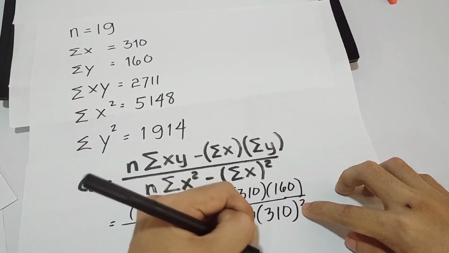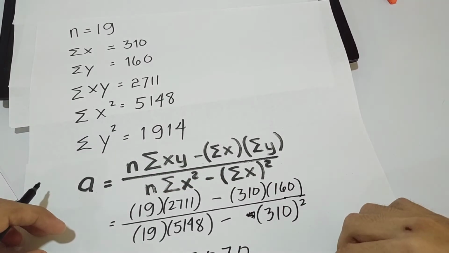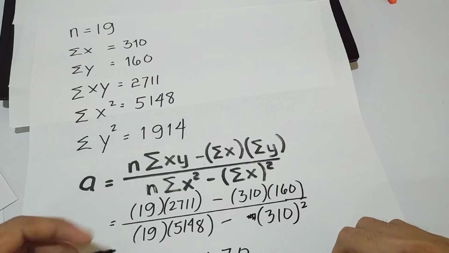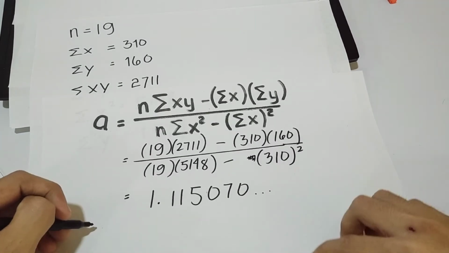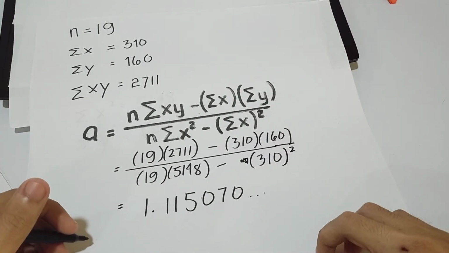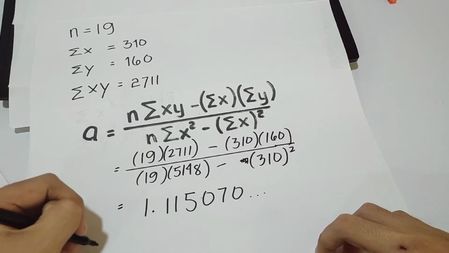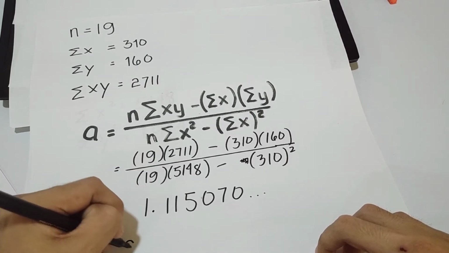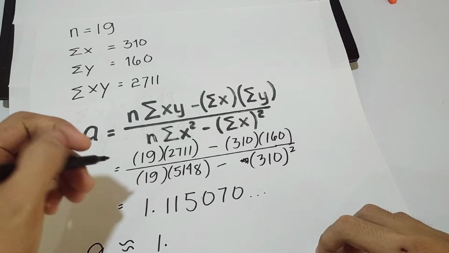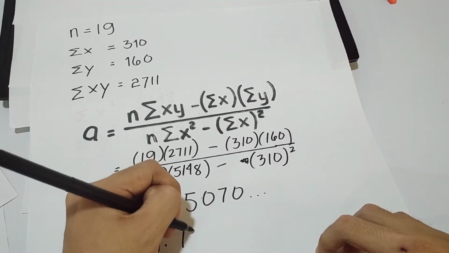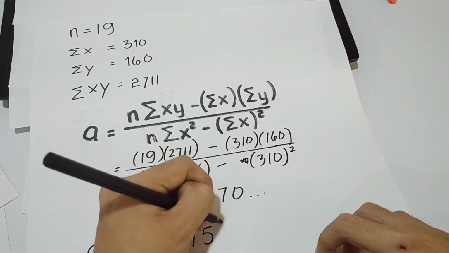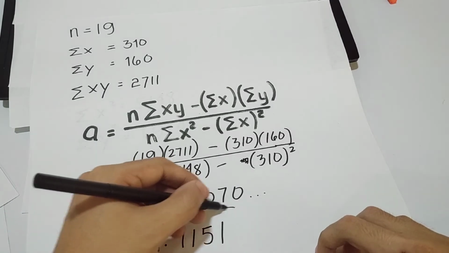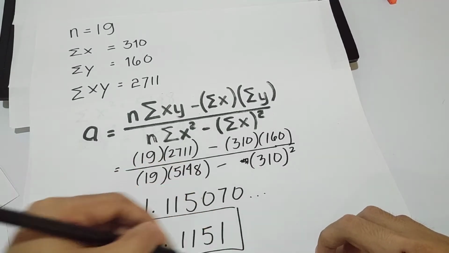So I just copied up to 6 decimal places on the calculator, and then we can approximate this into a equals 1.1151. So we got the value of the coefficient a.